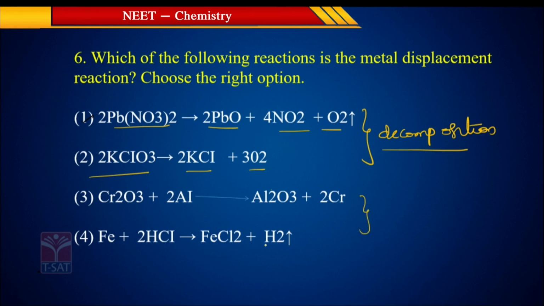The second and third reactions are displacement reactions, but in the third option particularly a metal is displaced. Here chromium is displaced by aluminum. So, the third option is correct, a metal displacement reaction.